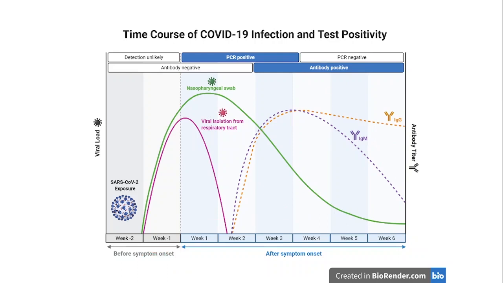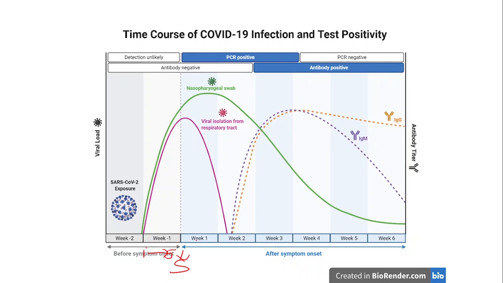So when can we detect coronavirus in our system? Suppose this is the time point when we show symptoms. Before that it is very unlikely that we can detect it through the PCR test. After infection it takes around 1 to 5 days in most cases to show symptoms. During this period we may not detect it by RT-PCR test.